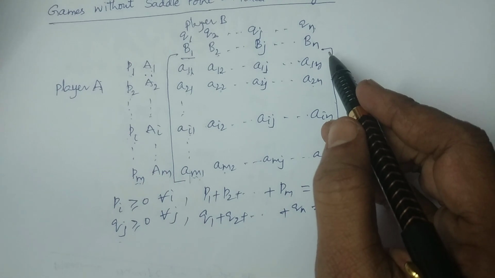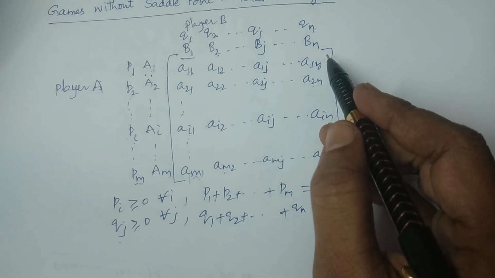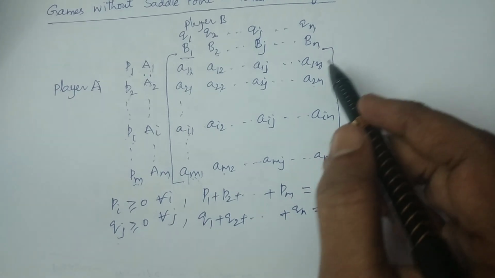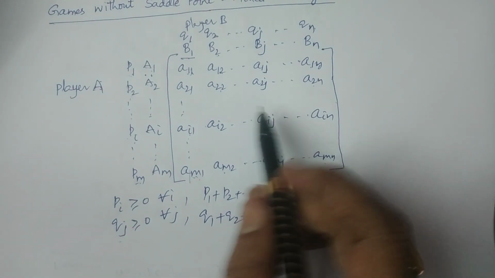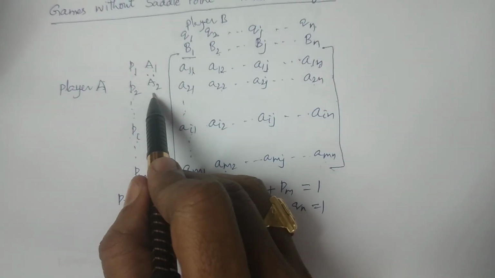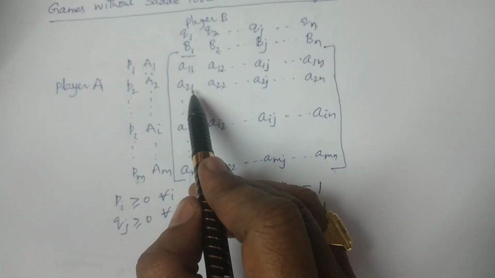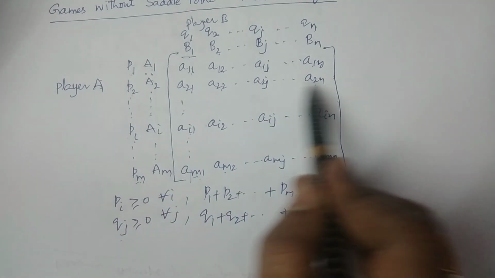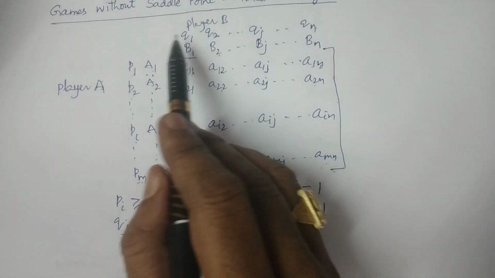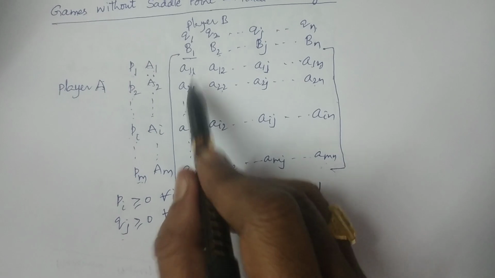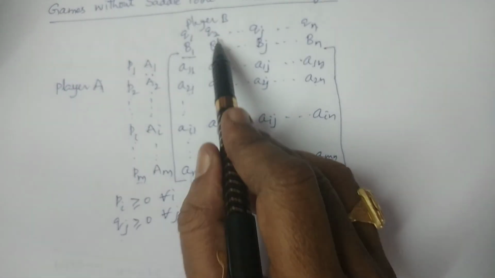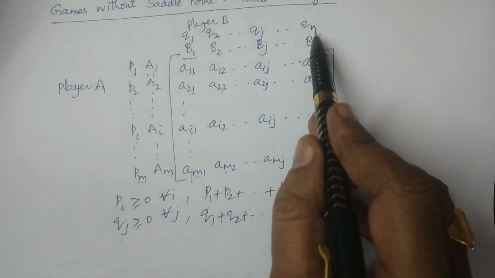So the expected loss of player B is going to be calculated using this kind of formula. Similarly, if player A selects the strategy A2, then the expected loss for player B is A21 Q1 plus A22 Q2 plus and so on plus A2n Qn.